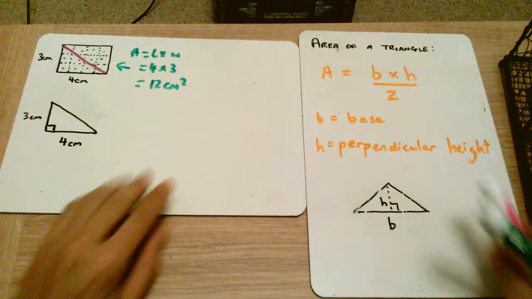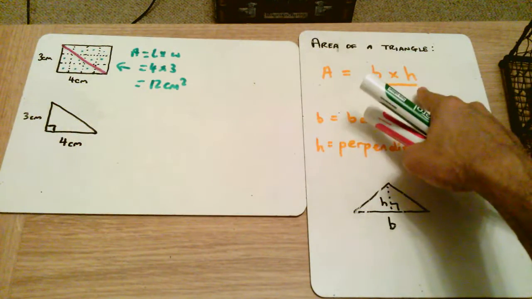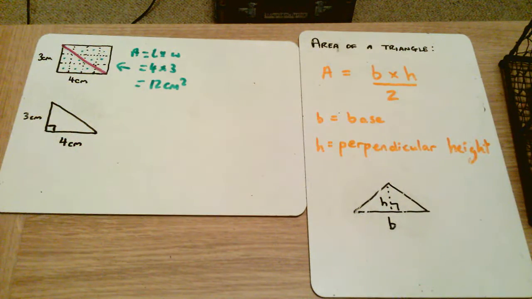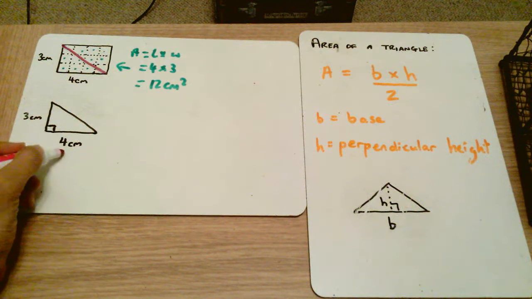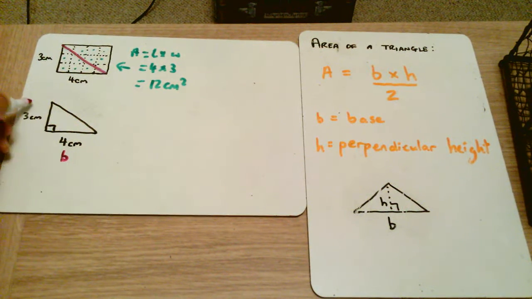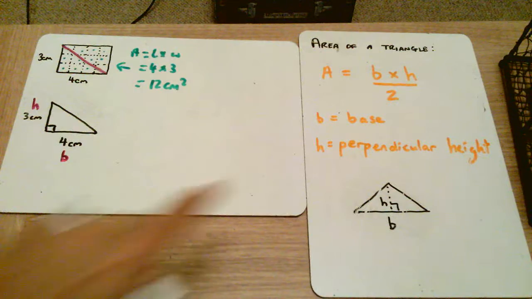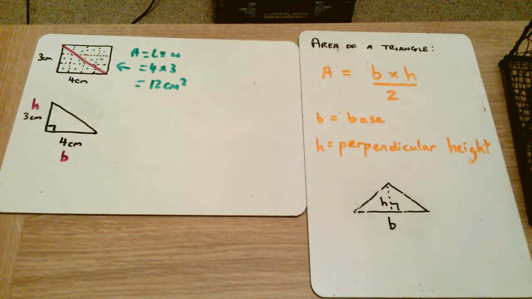The formula for the area of a triangle is the base times the height, or the perpendicular height. That's a very, very key word there. Perpendicular means at 90 degrees, so it creates that L shape. We'll see in a few examples where that's maybe not the case, or we'll have other lengths and we need to identify which one is the perpendicular height.